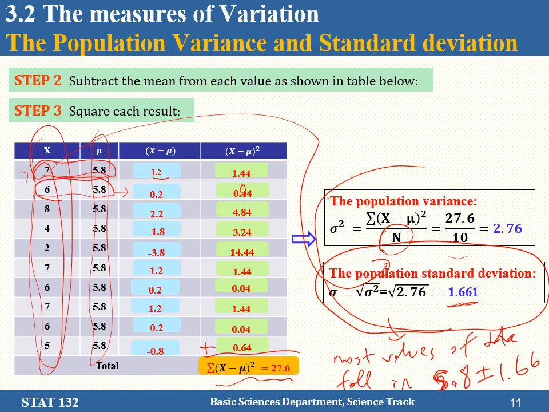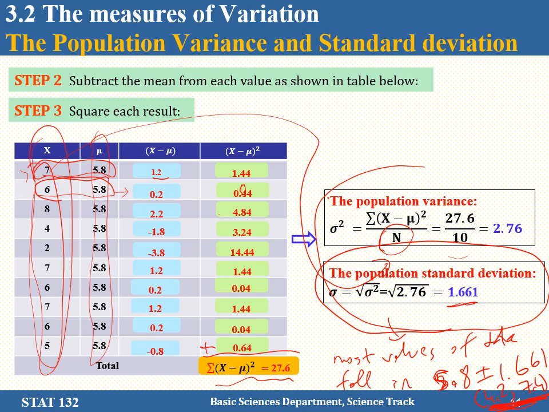So they fall between 5.8 minus 1.6, which is 4.2, and 5.8 plus 1.6, which is 7.4. So you expect them to mostly fall in the interval 4.2 to 7.4.